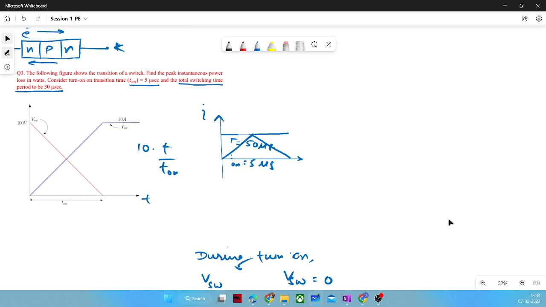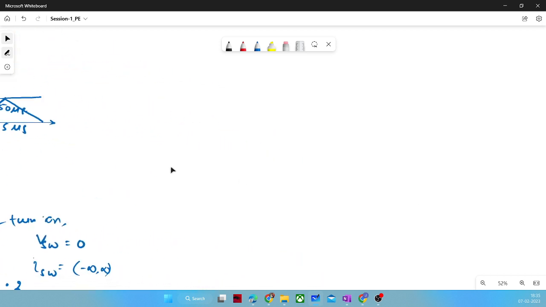But I did more to give you more insight, because this kind of problem can be framed in many ways. If you know the approach to solve from zero to whatever level it can go, then you can find any intermediate parameters or values. That's why I am doing this.